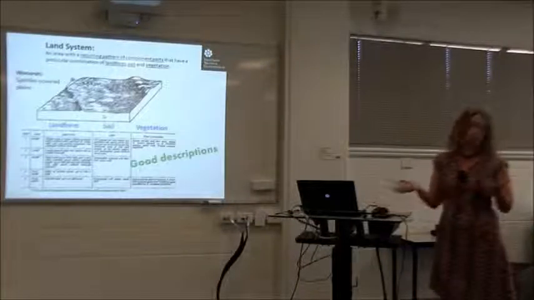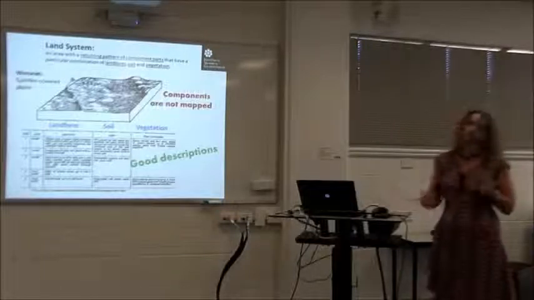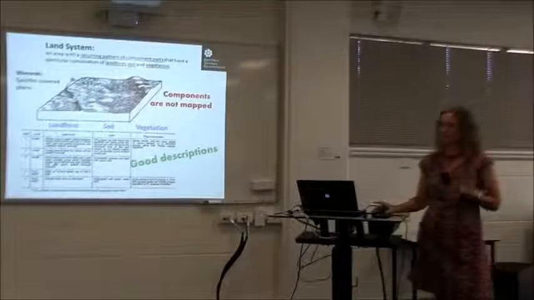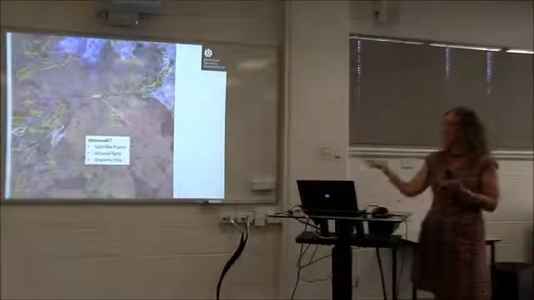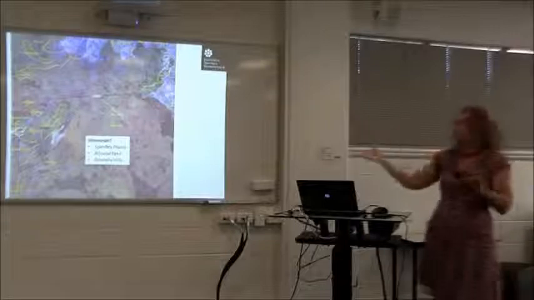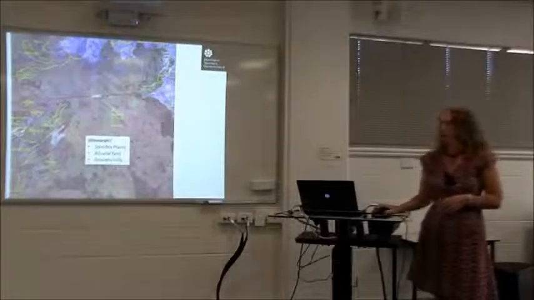So they're actually really good descriptions that were written in the 1940s and 50s, but the components aren't mapped. So in terms of managing the land and using the land, it's not that useful. So here, most of the big polygon in the middle is Woonora, but we don't know which bits are the spinifex plains, which bits are the hills, and so forth.